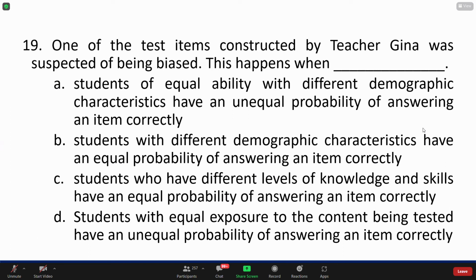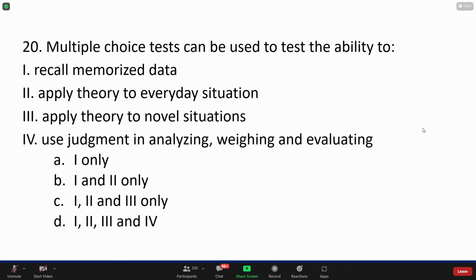Here, Teacher Gina is the one being biased. Therefore, the correct answer is letter A. The ability is equal, the demographic characteristics are different, and the chances of getting the correct answer are unequal. Again, try to break down the concepts per choice so you can get the correct answer. Proceed with number 20.